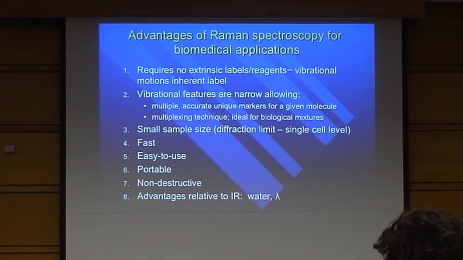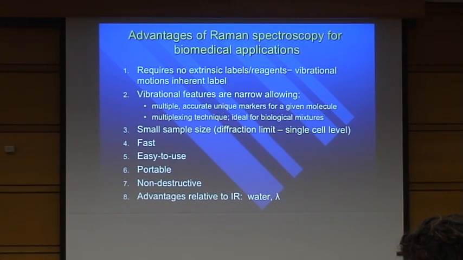Of course, the sample size can be quite small. Just the diffraction limit, at least in spontaneous Raman, is the size that we can minimize this technique for. So that gets us down to single cell kinds of investigations. It's fast, easy to use, certainly made portable. It's non-destructive, which for some applications can be valuable.